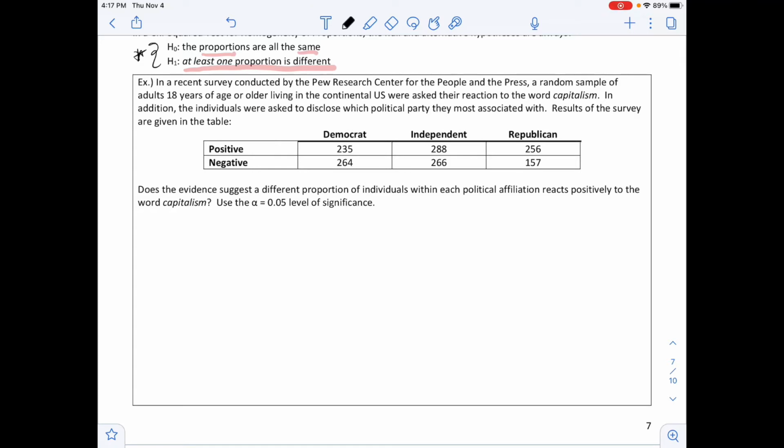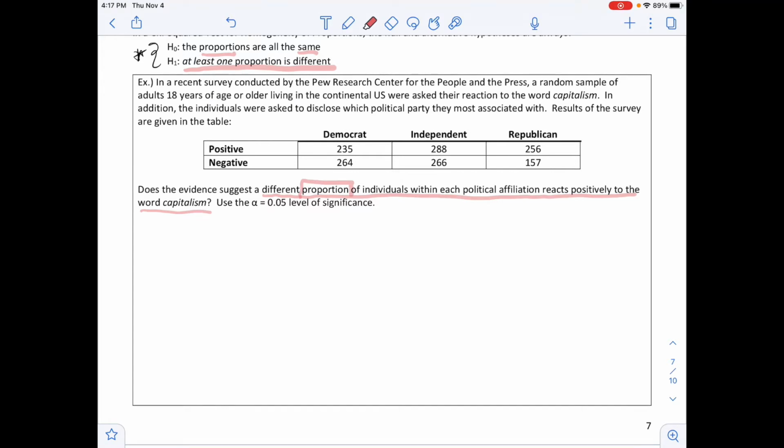And right below that it says, does the evidence suggest a different proportion of individuals within each political affiliation reacts positively to the word capitalism? And right away I notice it says the word proportion.